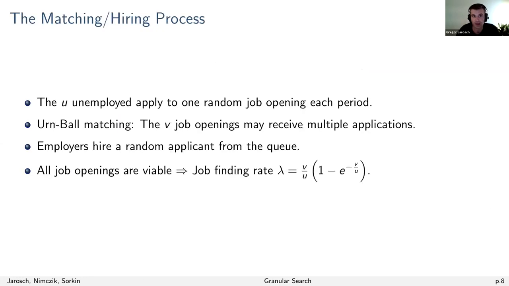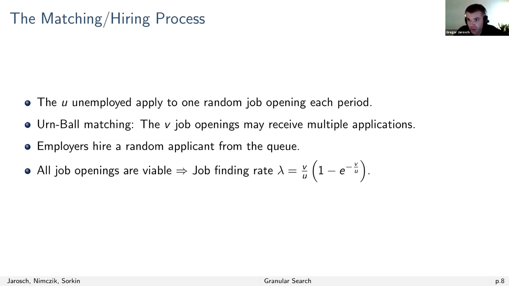Okay. Now, here's a second slight twist that's not really fundamental to the story, but the matching process is such that at any point in time, there's unemployed workers looking for jobs, and there's an urn-ball matching function. So think of a process where these workers send applications towards job openings. They do so in an uncoordinated fashion. And so the V job openings on the other side of the labor market may potentially receive multiple applications.